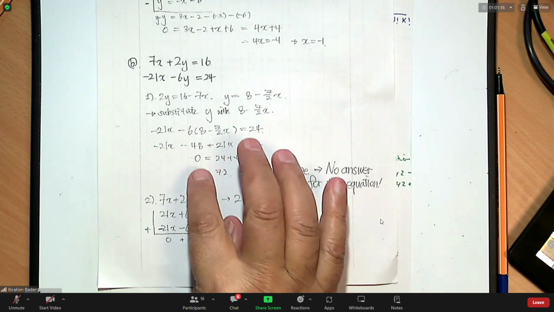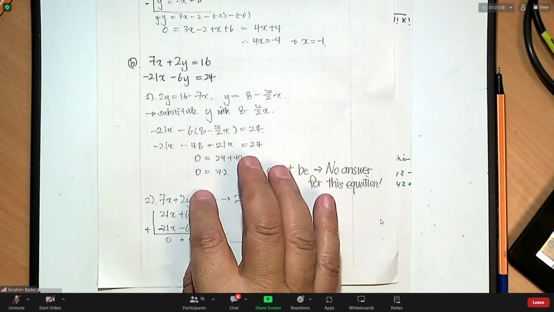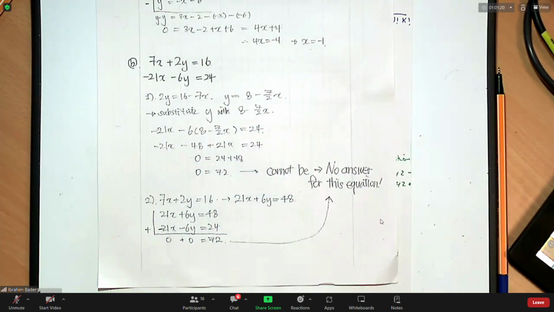You try to use substitution, then you end up with 0 equal to 72, which is not true for any value of x. It's never true, and that's what we call a contradiction. By the way, in logic, if you construct the truth table of a contradiction, it will be all false.